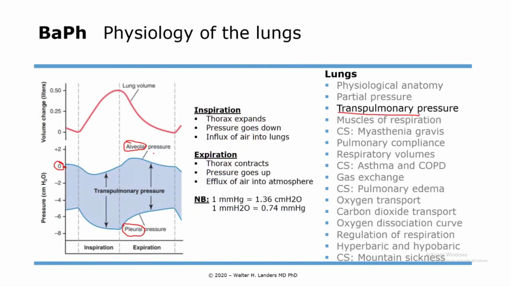So during inspiration, you make this pressure more negative, and so in total it goes below 0, which means air will flow in. And over here, it's going to go above 0, so air will flow out. In this graph you see lung volume, which goes up in inspiration and down in expiration. With an inspiration, your thorax expands, so your chest expands.